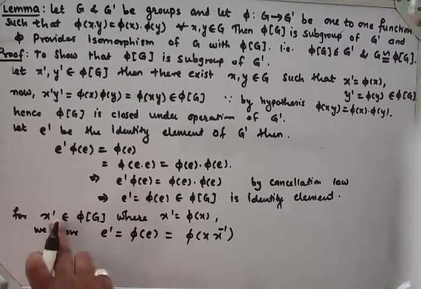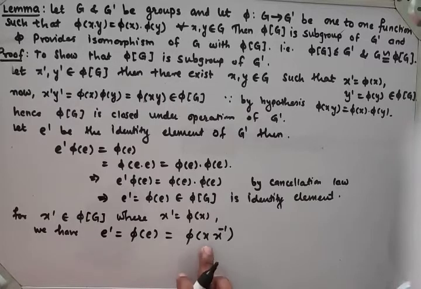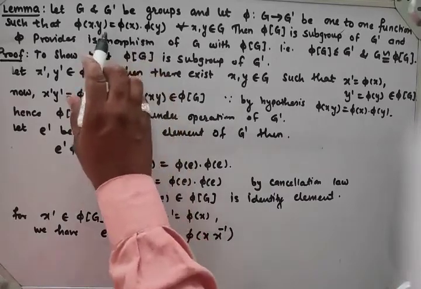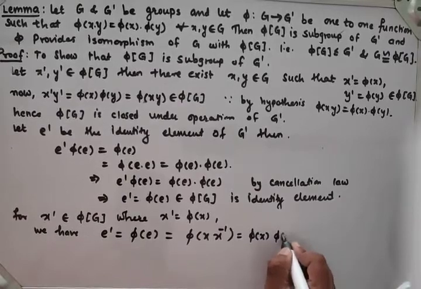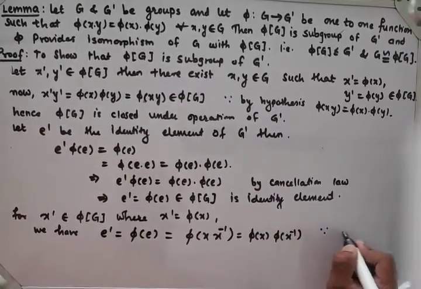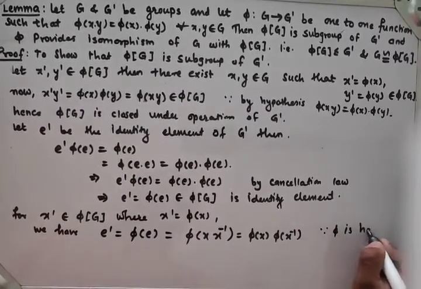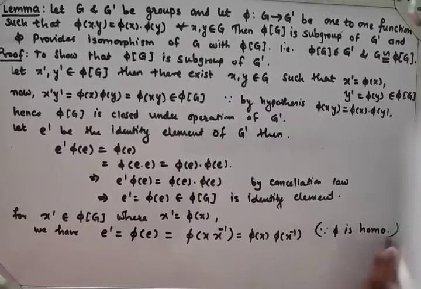So phi of x into x inverse is equal to, since phi is a homomorphism, phi of x into phi of x inverse, right?